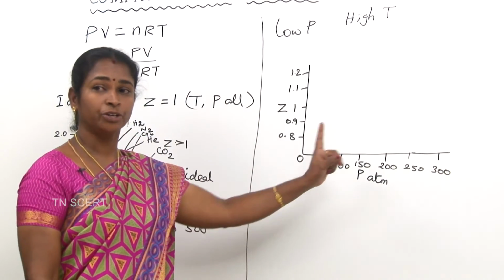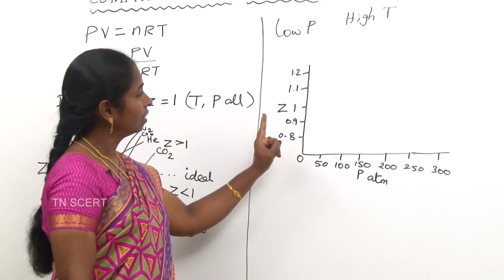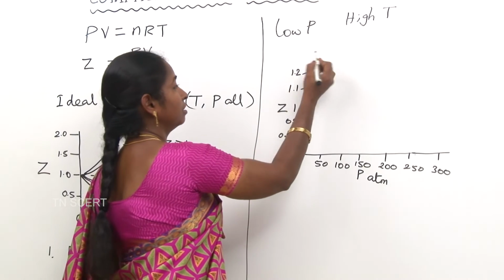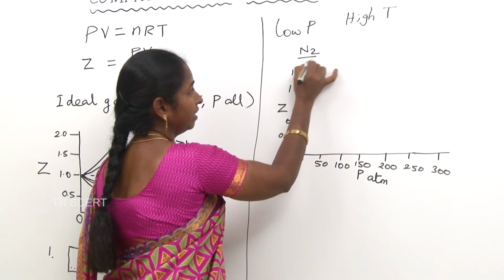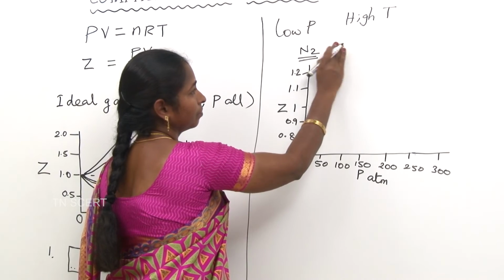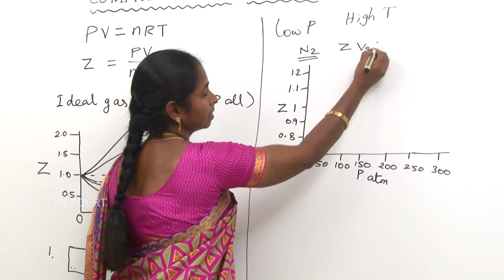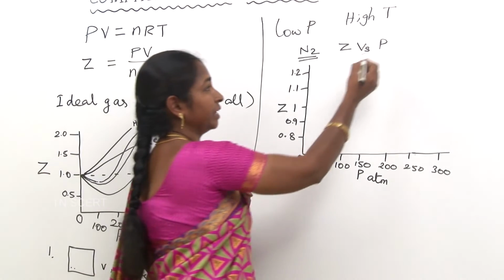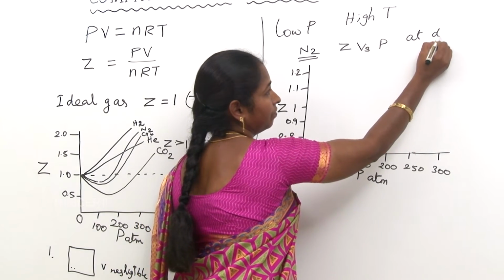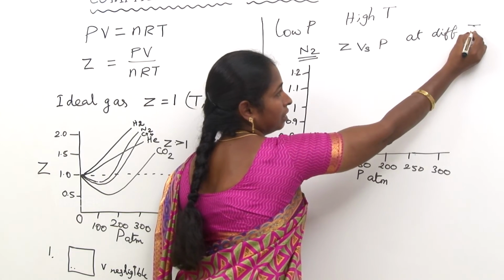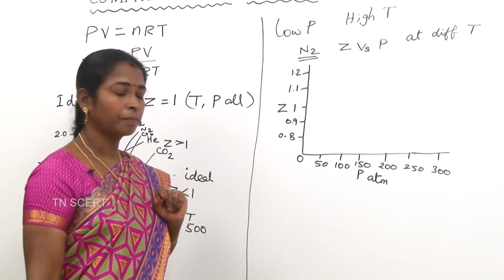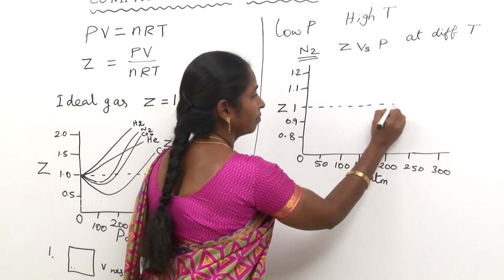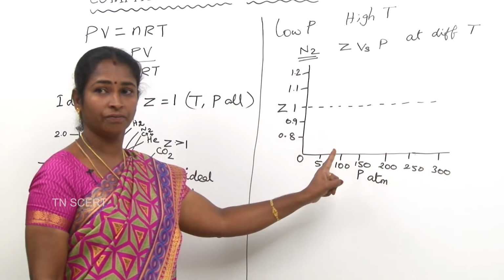Here, what we are going to plot is Z versus P for nitrogen at different temperatures. You know, for ideal gas, the Z value is equal to 1 like this.